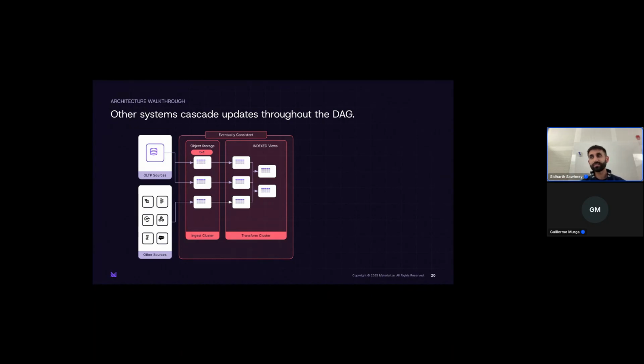To give an example, if 3 different transactions happen at once, Materialize would commit all 3 of those transactions at the same time rather than have an inconsistent state. So what that means is that you'll never end up in a place where your data is out of order.